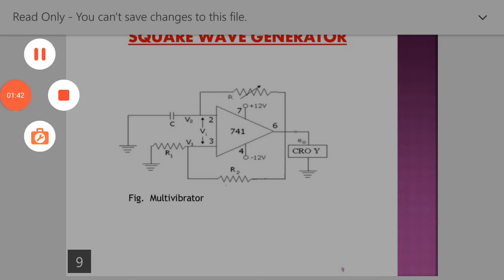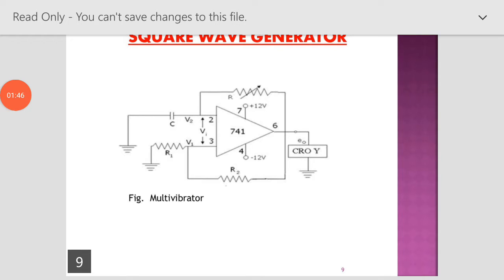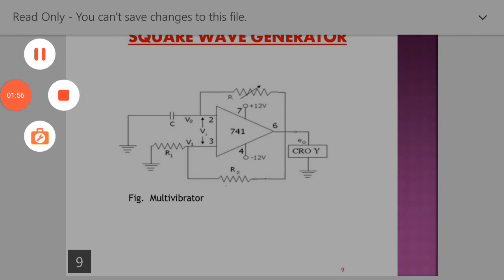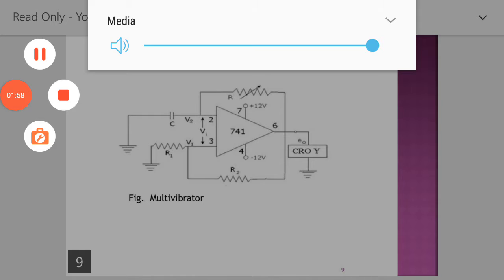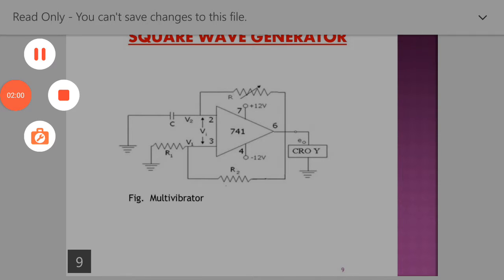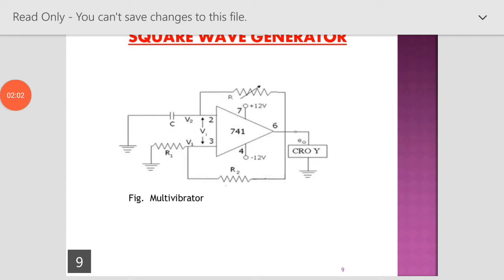Now we see the square wave generator. In the square wave generator, the 741 op-amp IC has the second terminal as inverting and the third terminal as non-inverting. A capacitor input is given to the inverting terminal, and a resistor input is given to the non-inverting terminal.